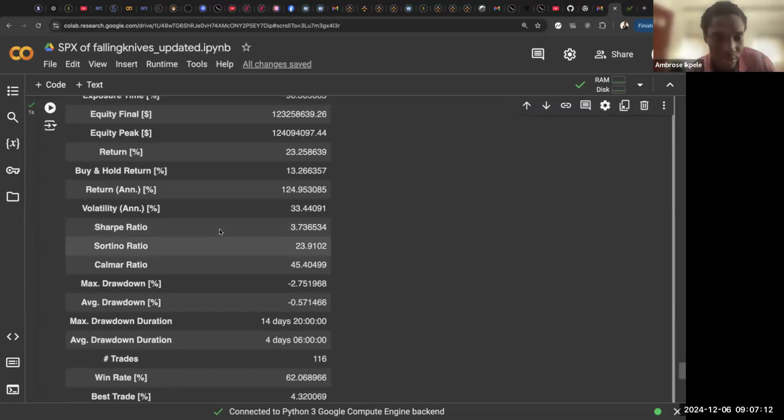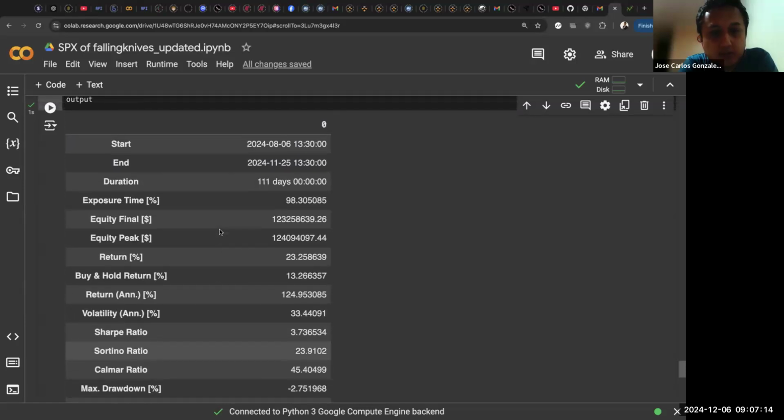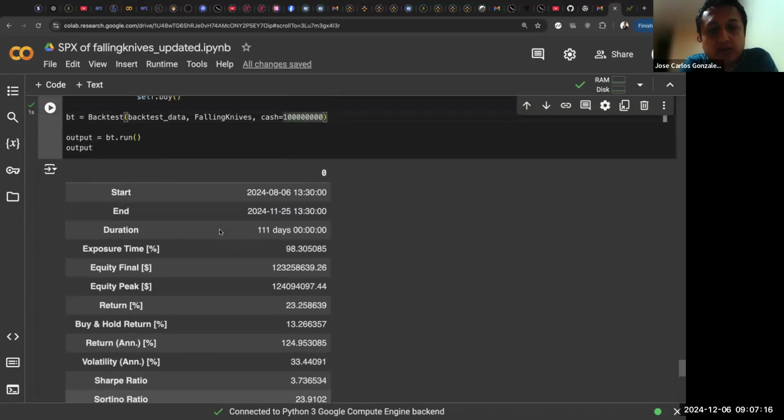So you can see the Sharpe. That's why in algorithmic trading, for some assets, it depends not only on the initial capacity but also on the trading frequency.